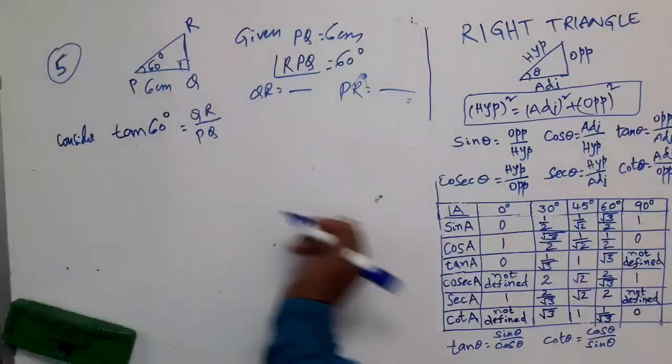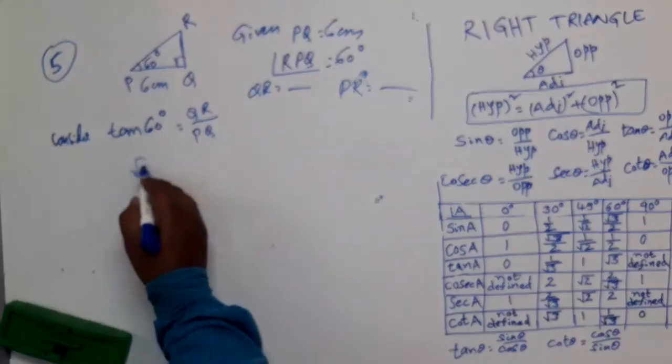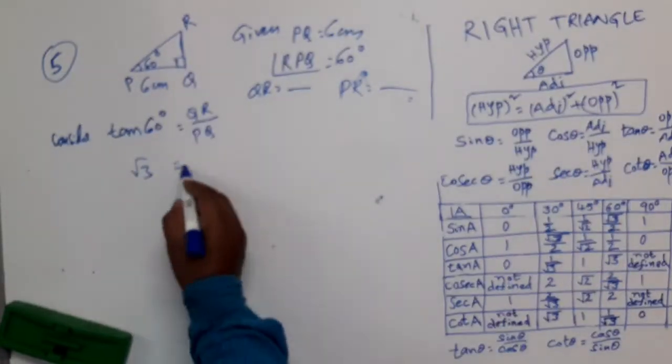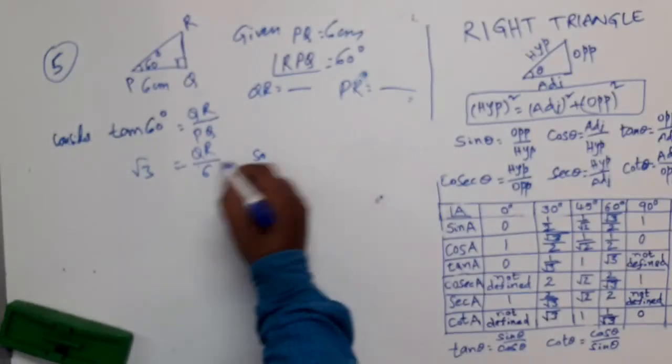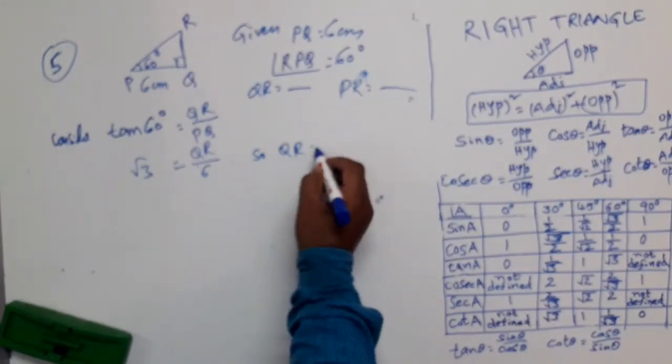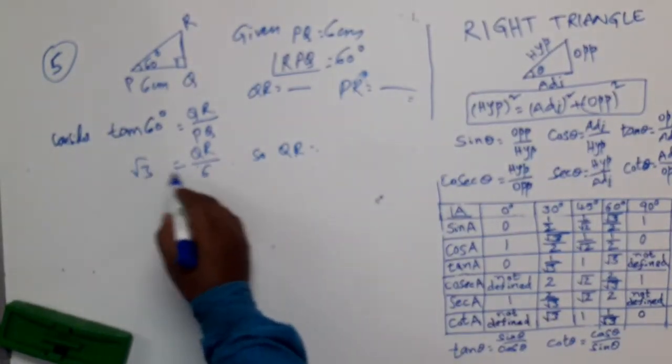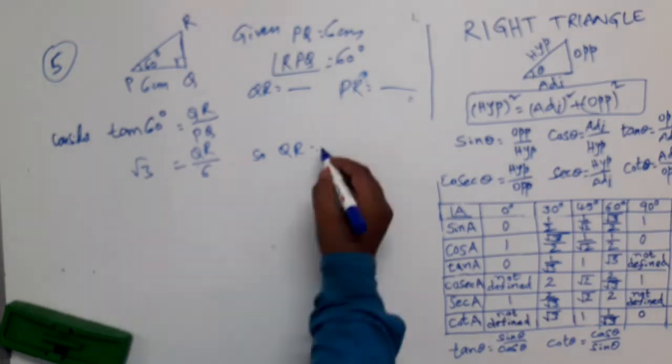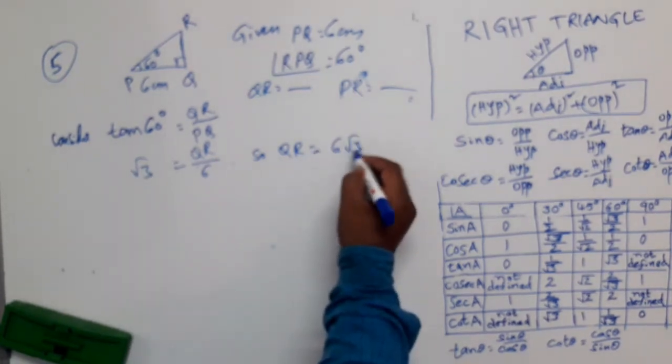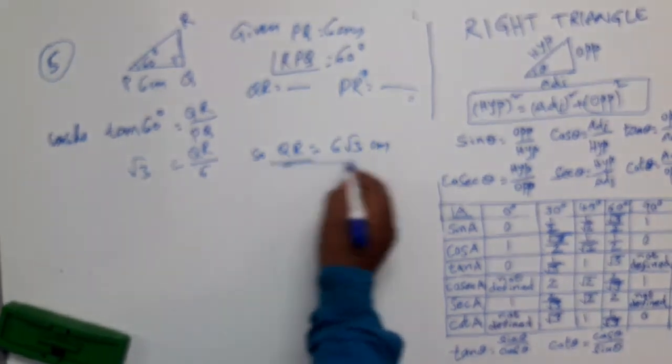From the table, tan 60 degrees is root 3. QR I don't know, of course. QR divided by PQ, which I already know is 6 centimeters. Multiply both sides by 6. You will get 6 times root 3 centimeters. So the value of QR is 6 root 3 centimeters.